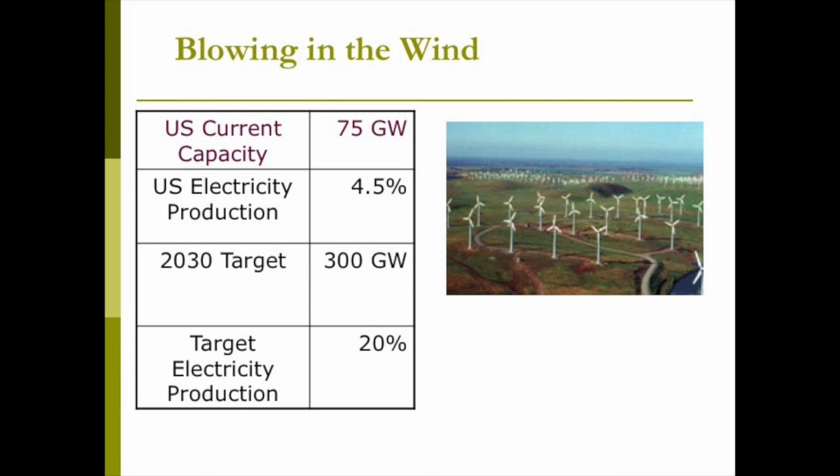The target for 2030 would be 300 gigawatts, equivalent of 300 large nuclear power plants. And this would produce about 20% of U.S. electricity. This seems very doable because we have great wind resources in the United States. Building wind turbines is cheaper than ever, and there's a great drive and need to do this.